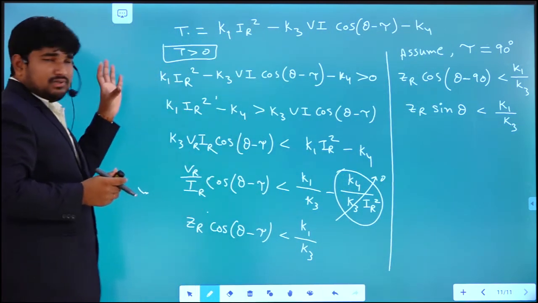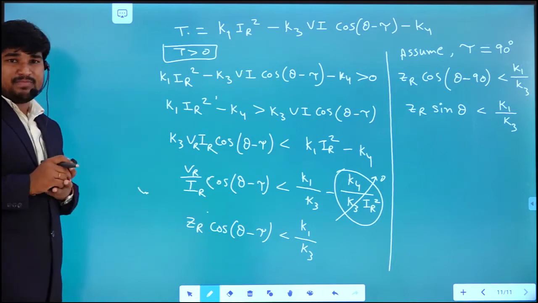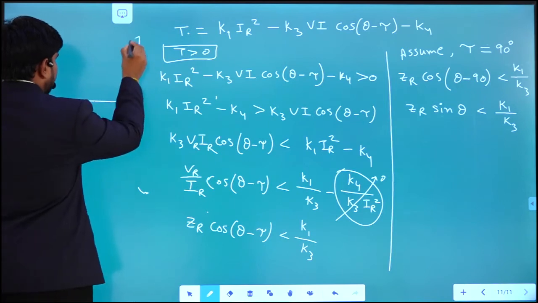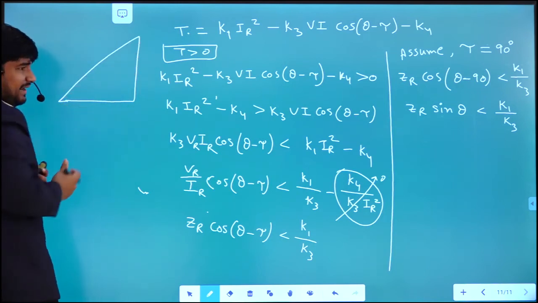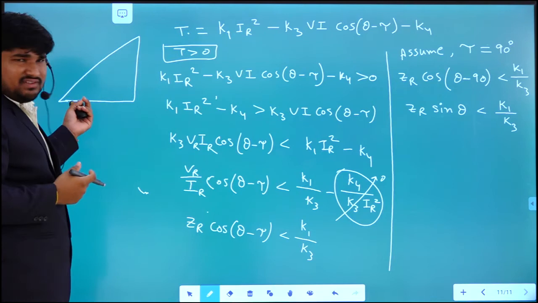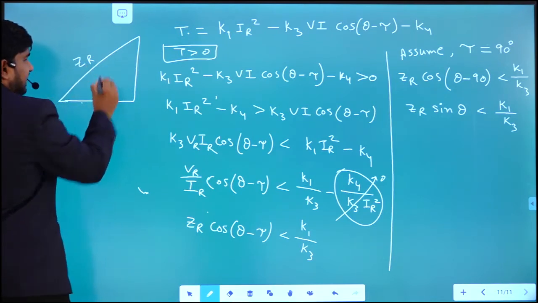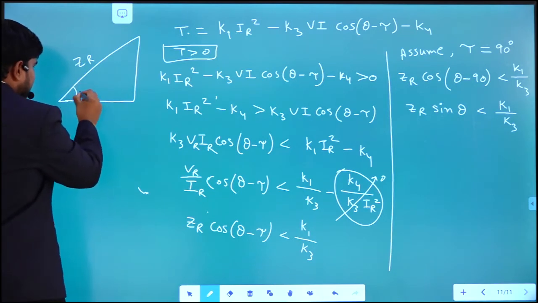Now, let us observe the impedance triangle, right? By observing this impedance triangle, for example, this is my impedance value ZR having angle theta.